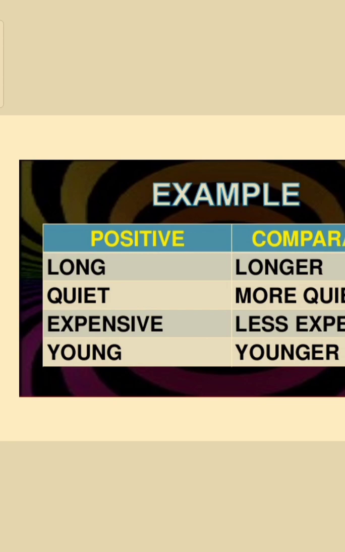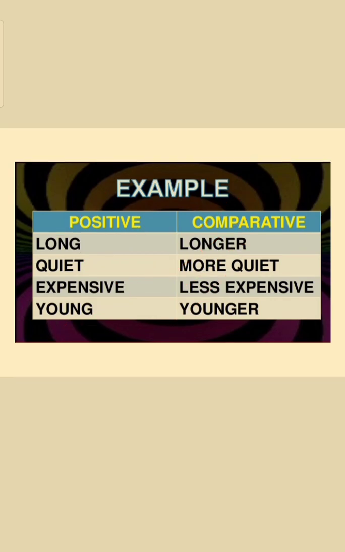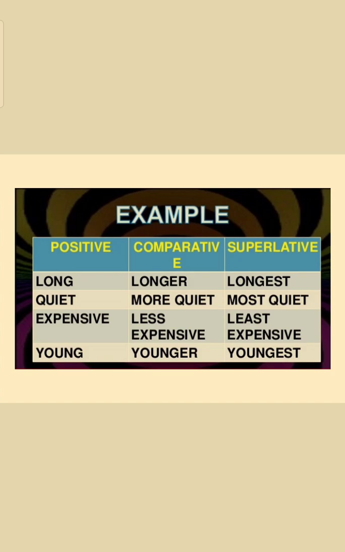Now I am going to show you more examples. First, positive and comparative degree. Long, longer, quiet, more quiet, expensive, more expensive, young, younger. Okay, already I have shown you.